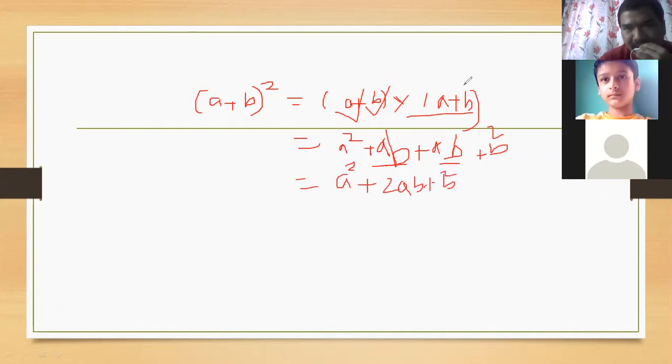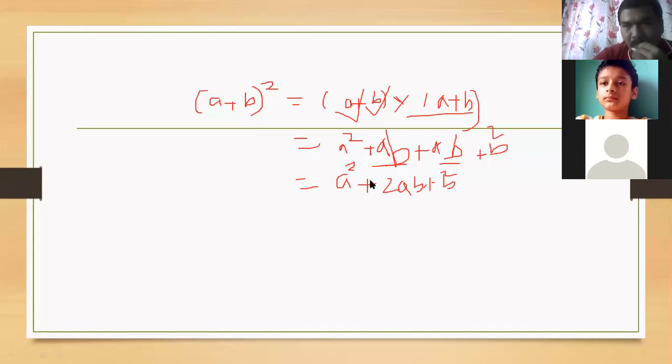Since ab terms are like terms, we can add them, and b square remains the same. Understood, children, this one? Yes, sir. Okay, very good.